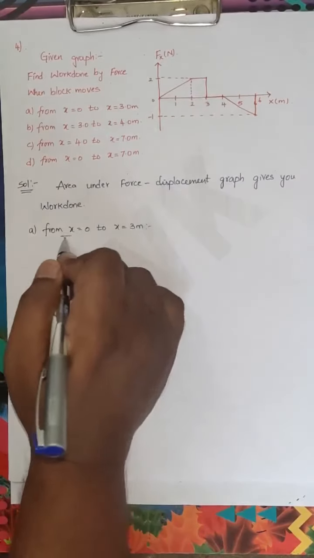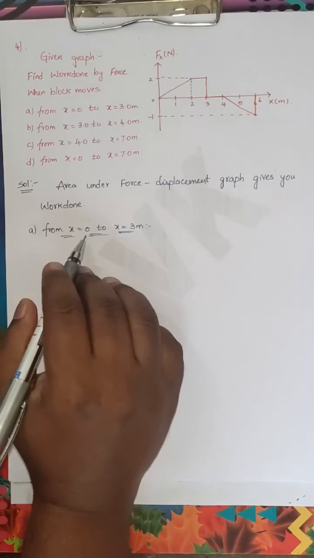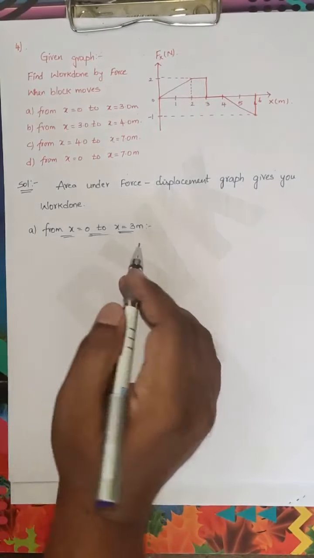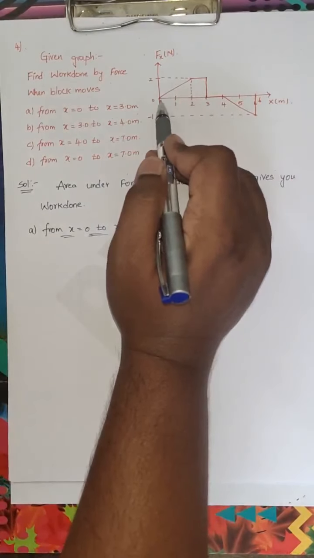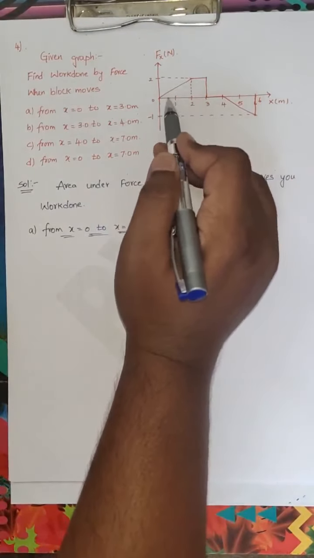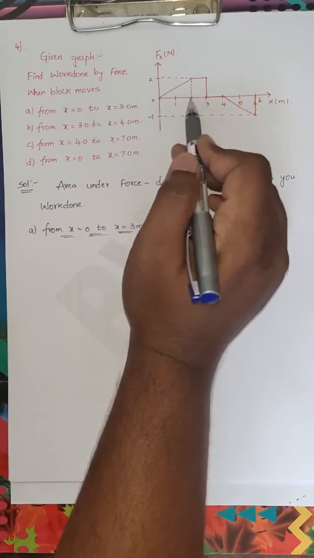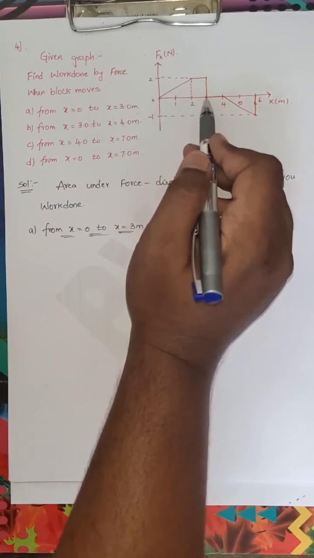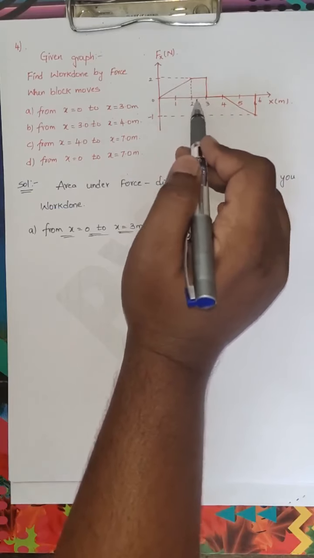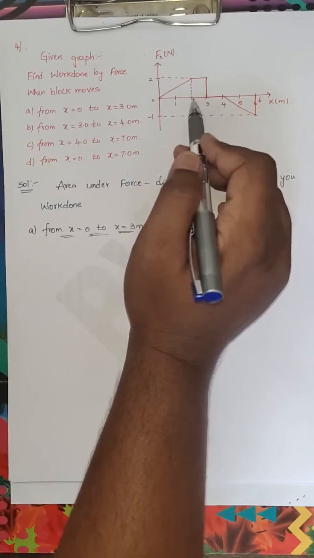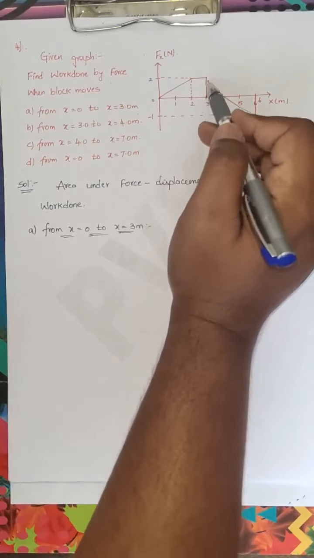From x equal to 0 to x equal to 3, we can see there are two figures. The first one is a triangle, from 0 to 2, and from 2 to 3 there is a rectangle. Why have I said rectangle? It has a breadth of 1 and a length of 2, right?